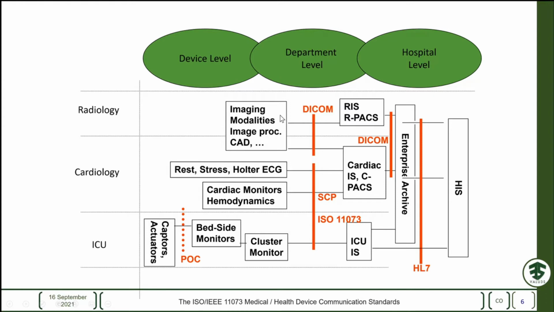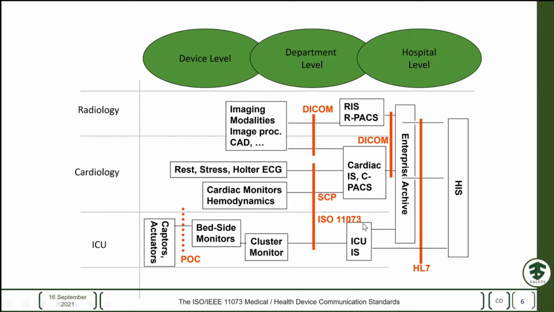So, for example, in radiology, essentially we are getting images and we are using DICOM, and we are using picture archive information systems that convert this information into something that is finally transferred via HL7.